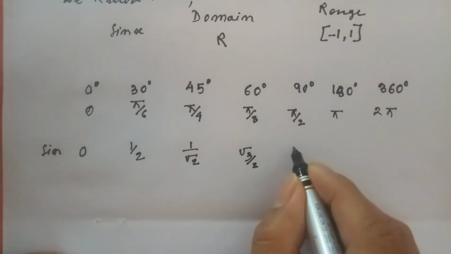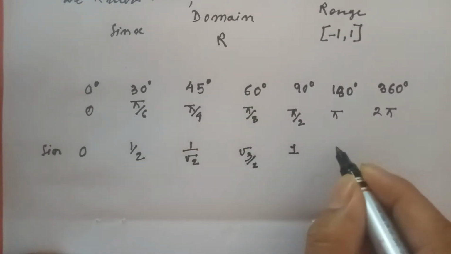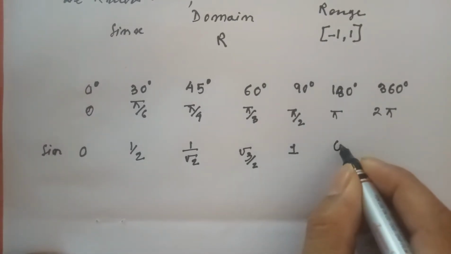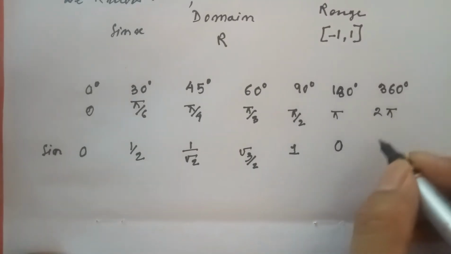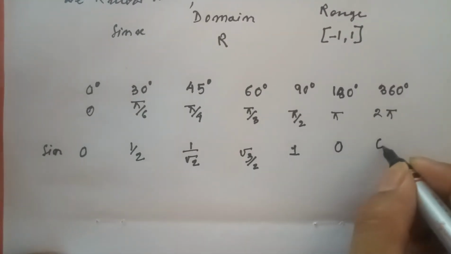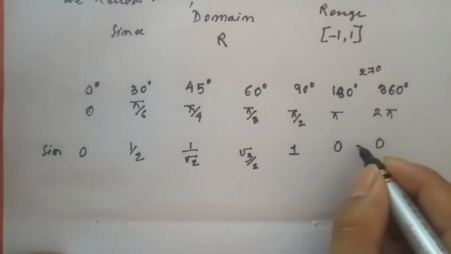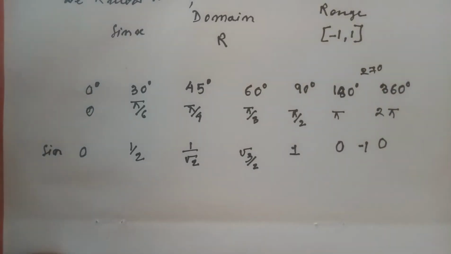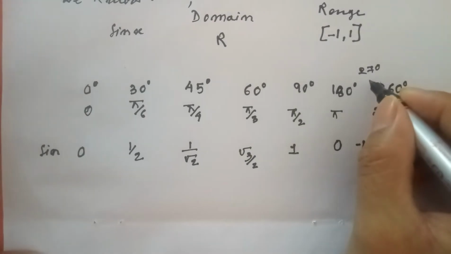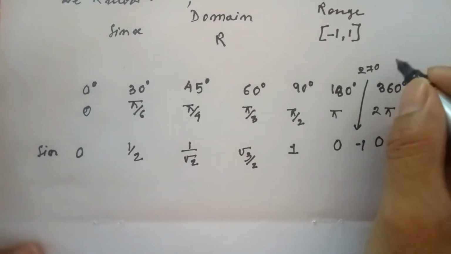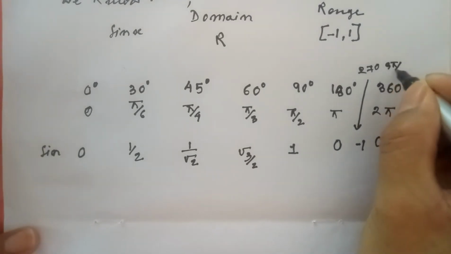Sin 90 is 1. Sin 180 degree, that is pi, is 0. Sin 360 degree is also 0. Sin 270 degree is -1; 270 means 3 pi by 2.